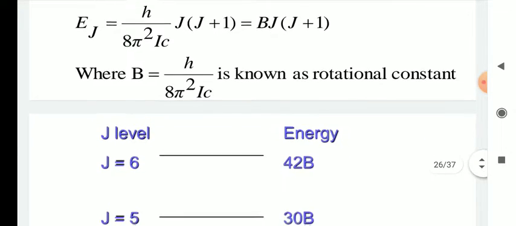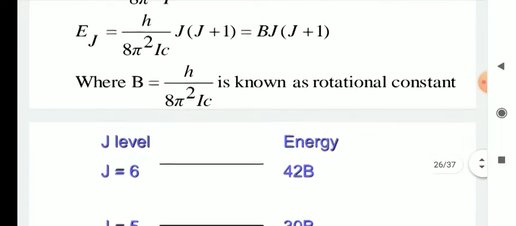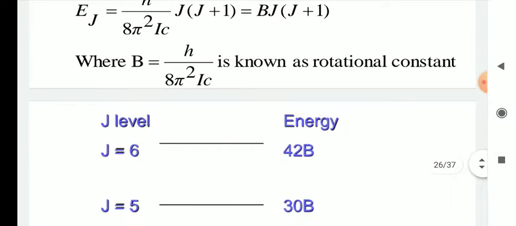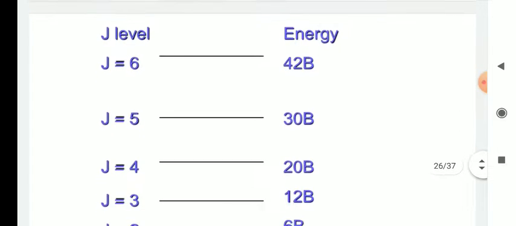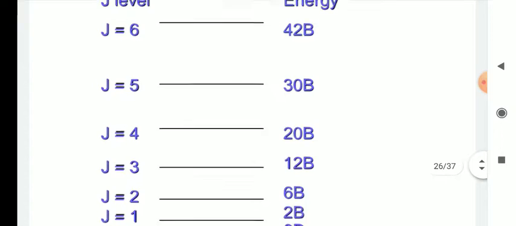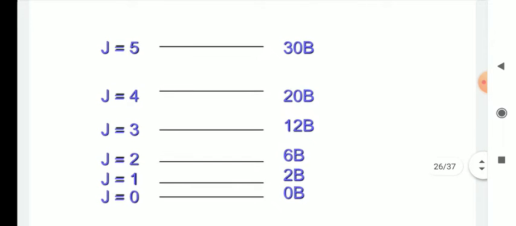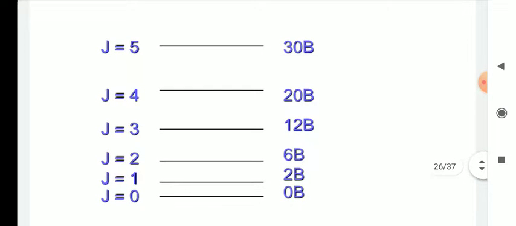Therefore, E_J is also given by B into J into (J plus 1), where B is called the rotational constant. Hence, for different values of J, we have different energy levels, which are given in the figure. For J equal to 0, the rotational energy is 0 times B, J equal to 1 is 2 times B, J equal to 2 is 6 times B, and so on.